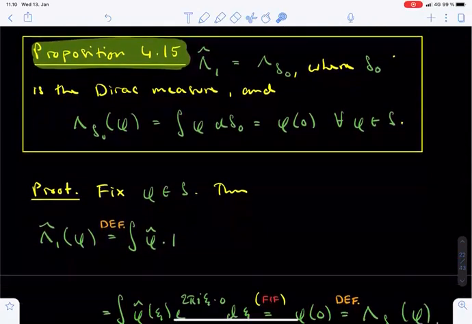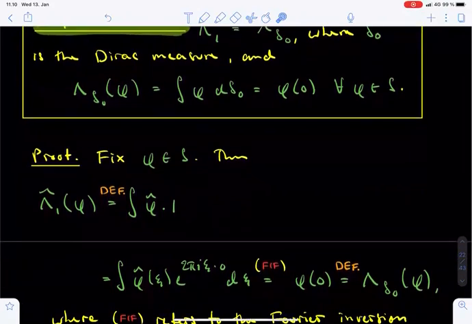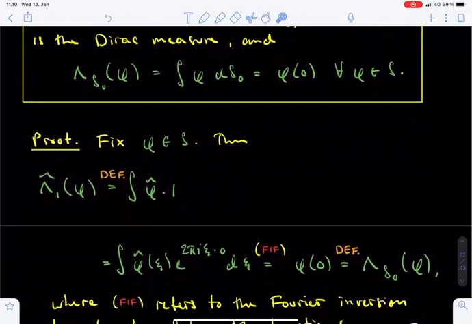To prove the proposition, fix a Schwarz function phi and start with the definition. The Fourier transform of lambda subscript 1 evaluated at phi equals the integral of hat phi times the function 1. Next, express the function 1 as e to the power 2 pi i xi dot 0.